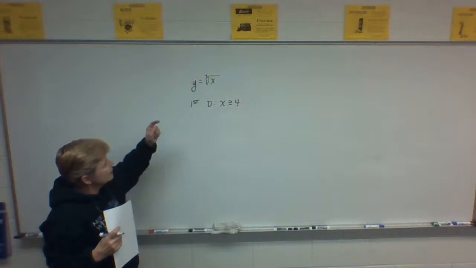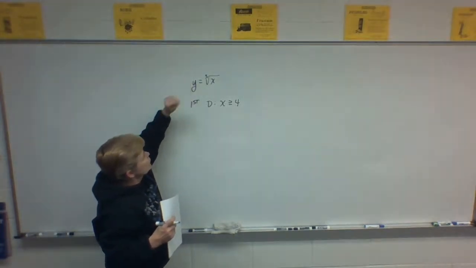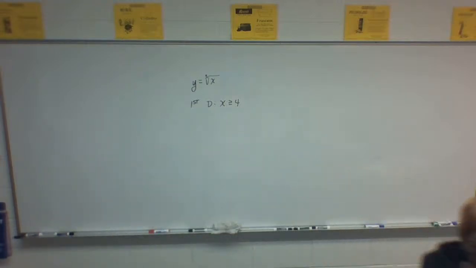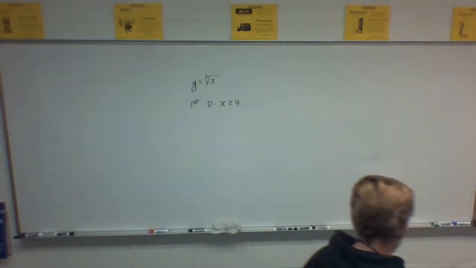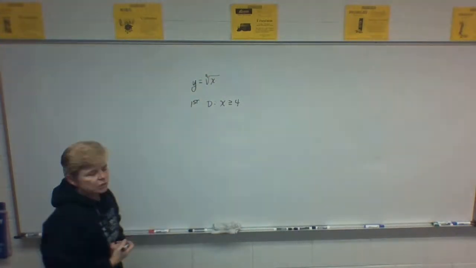Can you write a translation of this or a transformation of this so that the domain of what you're writing is x greater than or equal to 4? Okay, wait a second. I need to change this to a fourth root or this is not going to work. Sorry, let me change that to a fourth root.